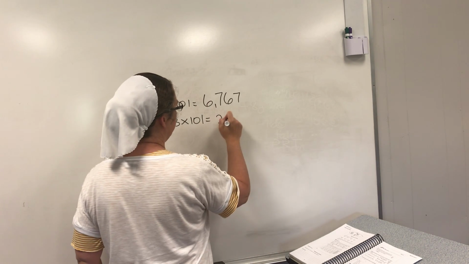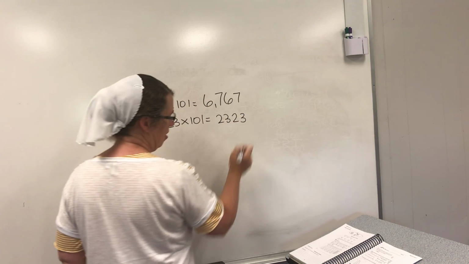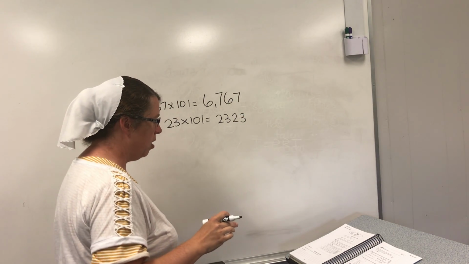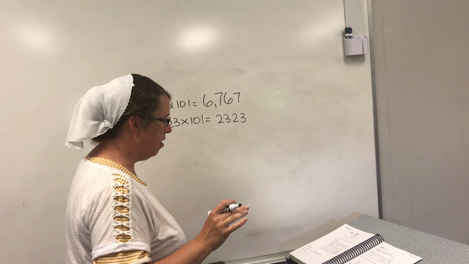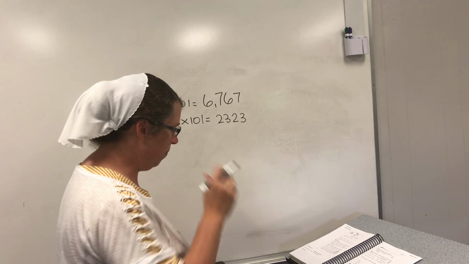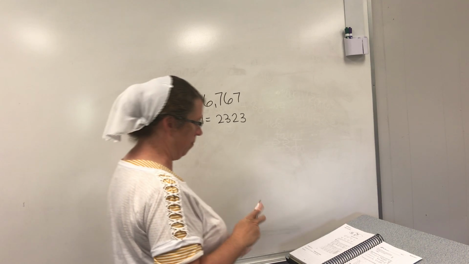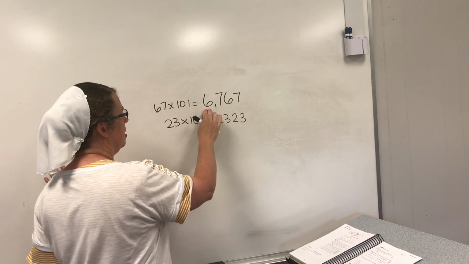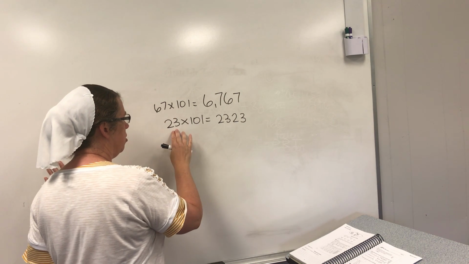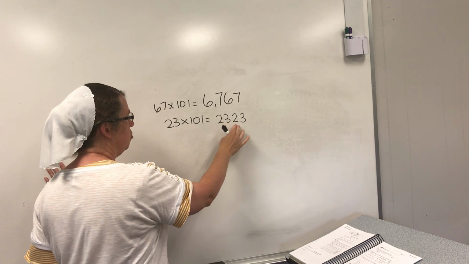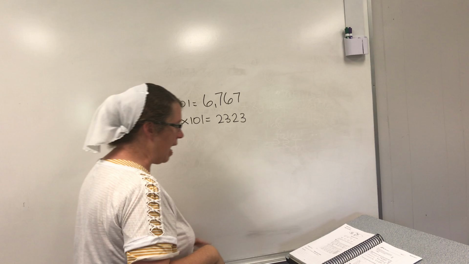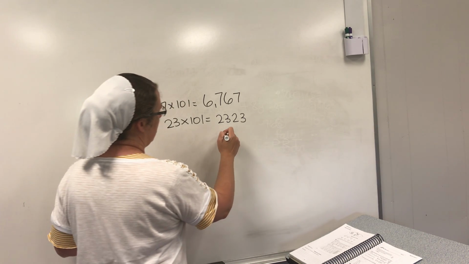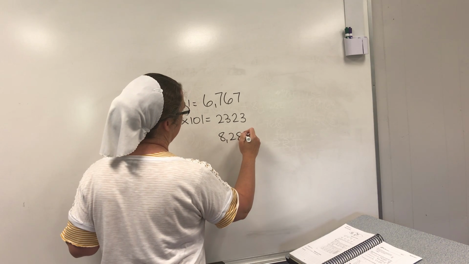We have 2323. Multiply 82 by 101. What do you think you're going to get? 8282. Do you see the pattern? You guys see this? 67 times 101 is 6767. 23 times 101, 2323. 82 times 101 is 8282.